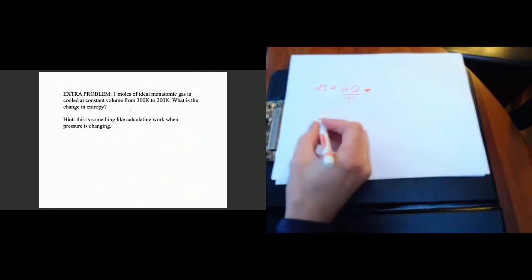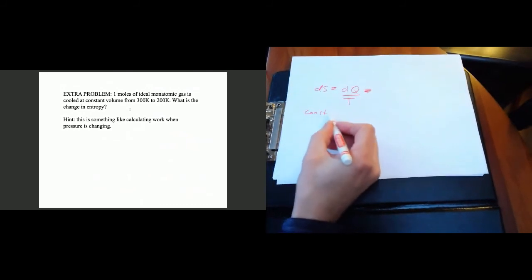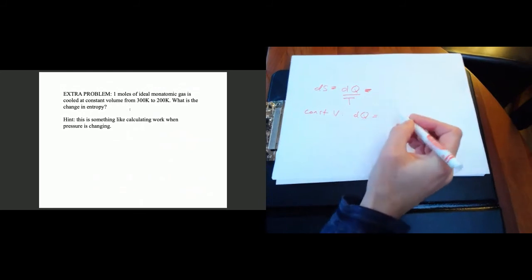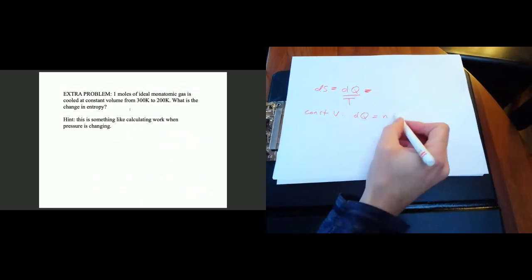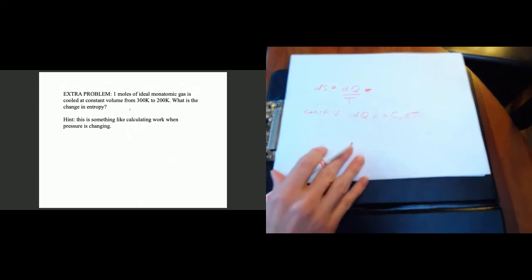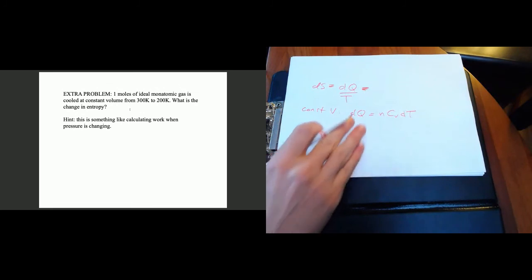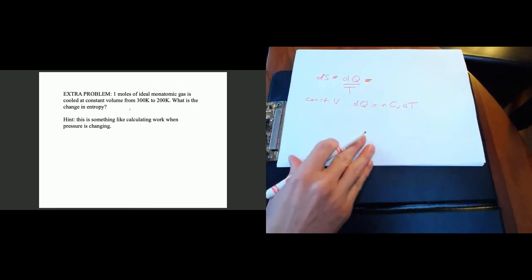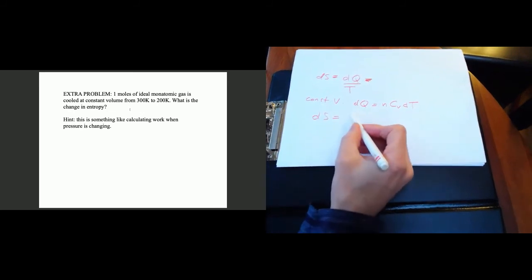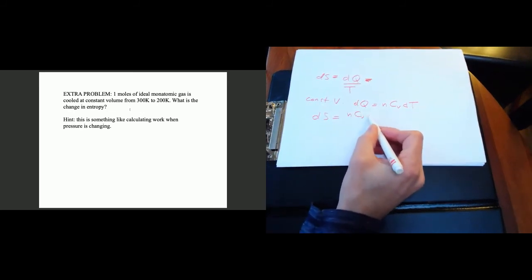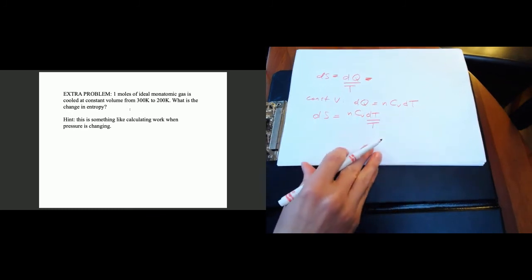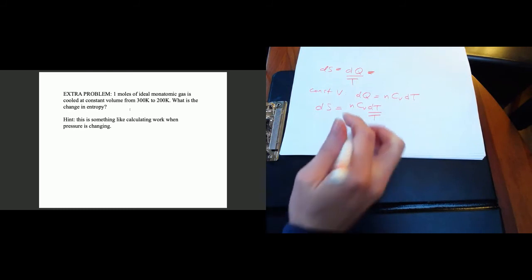And because it's constant volume, the heat that flows in we can write as nCV delta T, because there's no work being done. And so the first law of thermodynamics relates that heat to the change in internal energy. And so we have that the change in entropy is equal to nCV dT divided by T. And that's true for every little step of the process.